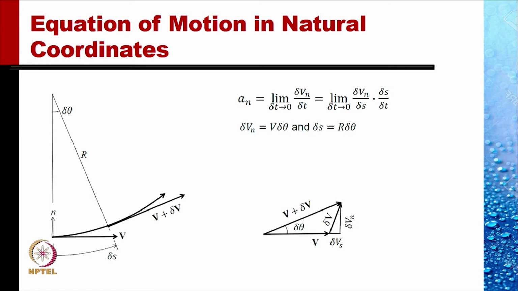With delta vn equal to v delta theta and delta s equal to r delta theta, we get normal acceleration as v square by r. This is the centripetal acceleration that we have done in high school dynamics. So the acceleration in the normal direction is v square by r, the centripetal acceleration.